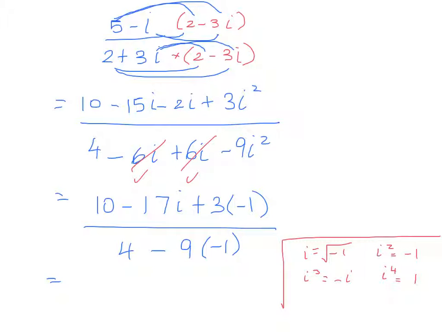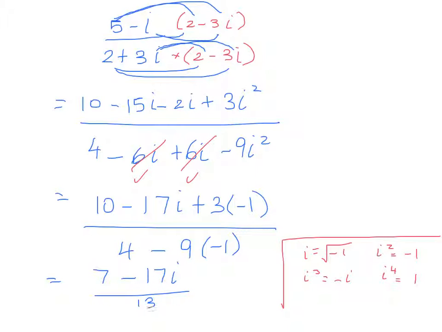Here we have -3, so 10 minus 3 gives us 7 minus 17i, over 4 minus -9, so that's really 4 plus 9, which gives us 13.